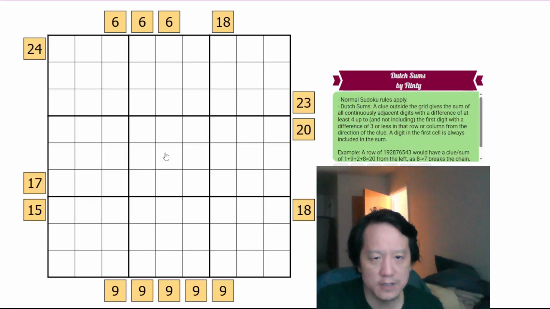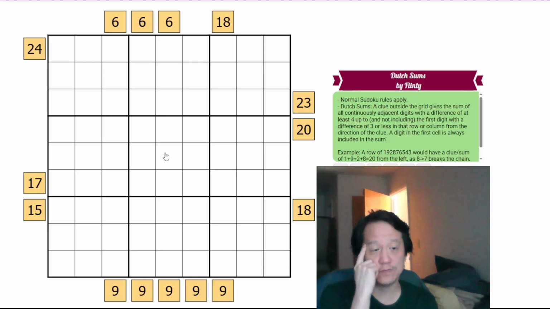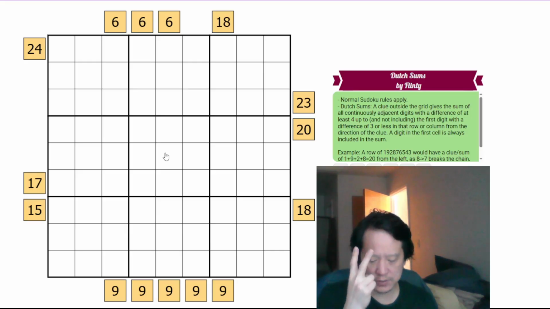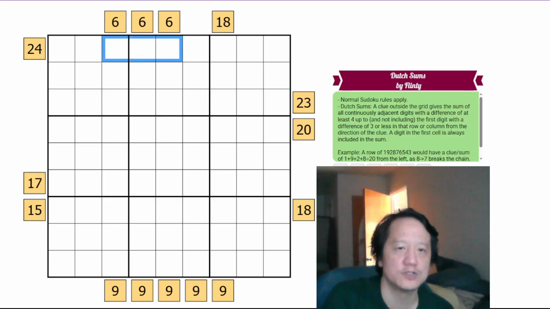Let's go. Okay, so to have a Dutch sum of 6, you either have a 6 by itself, or you have to have 2 digits, one of which is 1, one of which is 5. So this must be a 156 triplet here.